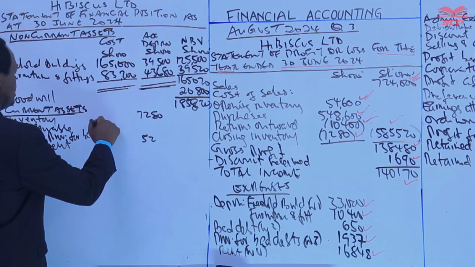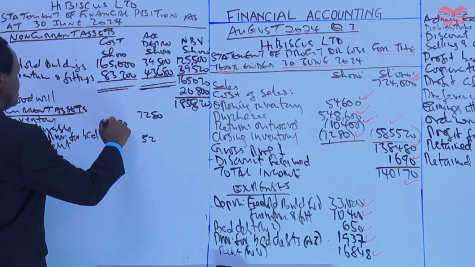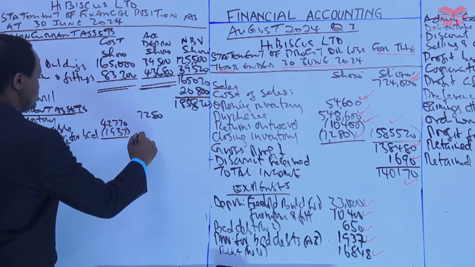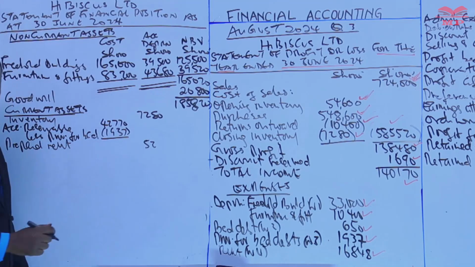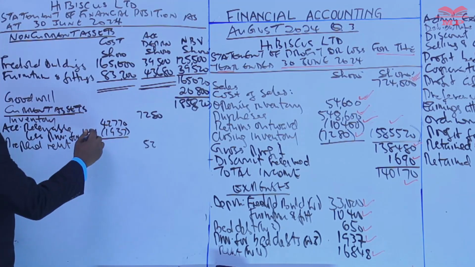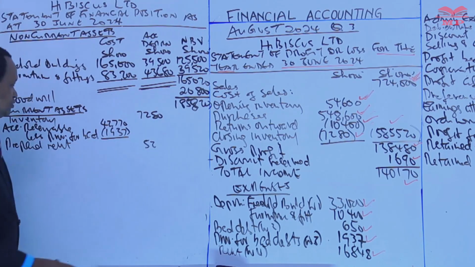We deduct the provision, was it 1,937? George, you are the one who corrected us. The provision at the end. Yes, so give me the net. You have to deduct that amount from 42,770. Give me the net. That will be the accounts receivable.